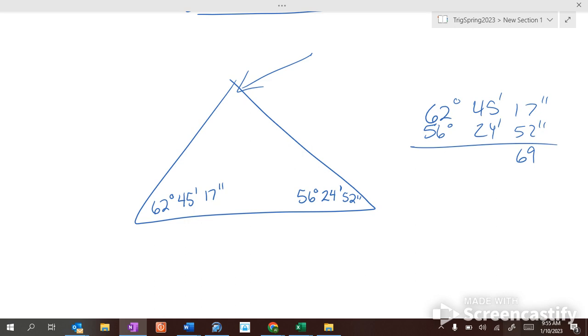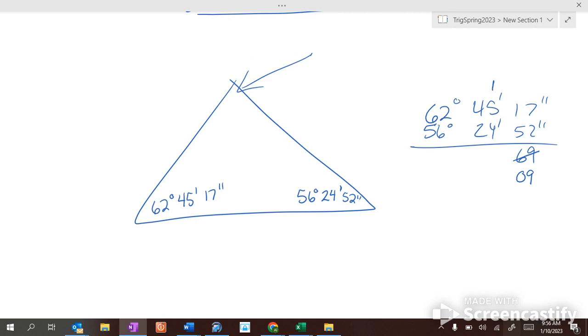Uh-oh. Are there 69 seconds in a minute? No. So we have to convert this to 9 seconds and add a minute there because it was over 60. So this is a minute and 9 seconds. So we make this 9 and add a minute.